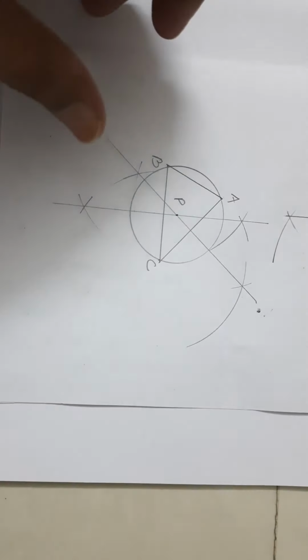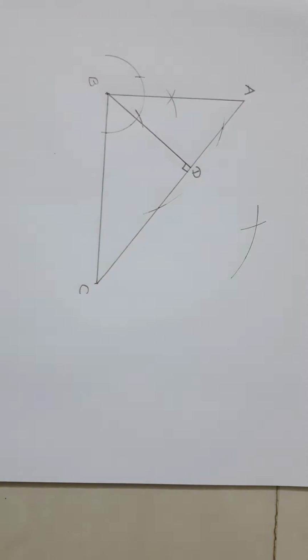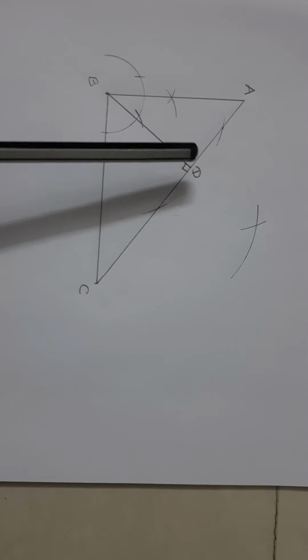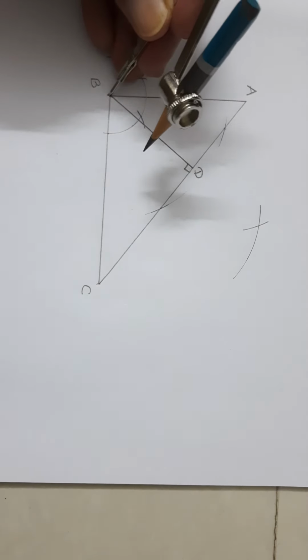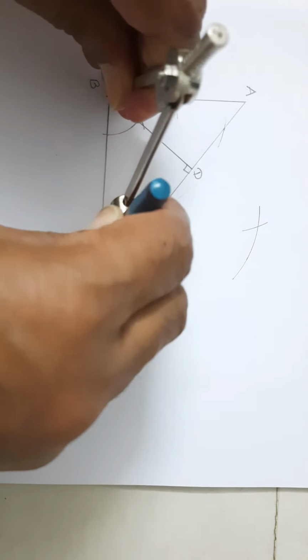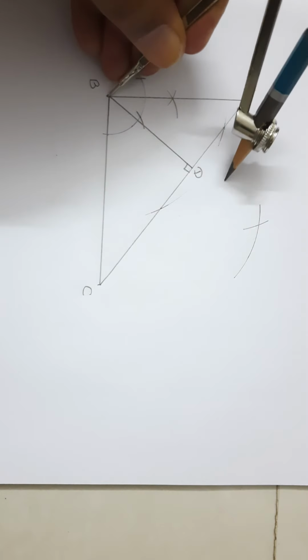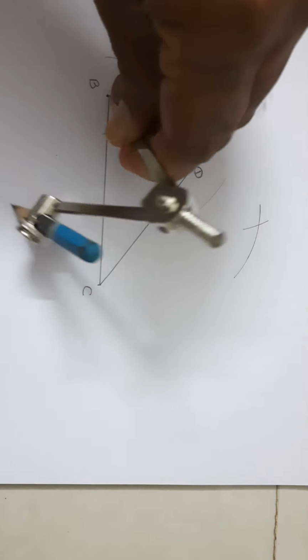So let's do the same thing for BCD. Here we have BCD. There also we do the same thing. We construct the perpendicular bisector of BC. I take more than half, one arc here, one there.